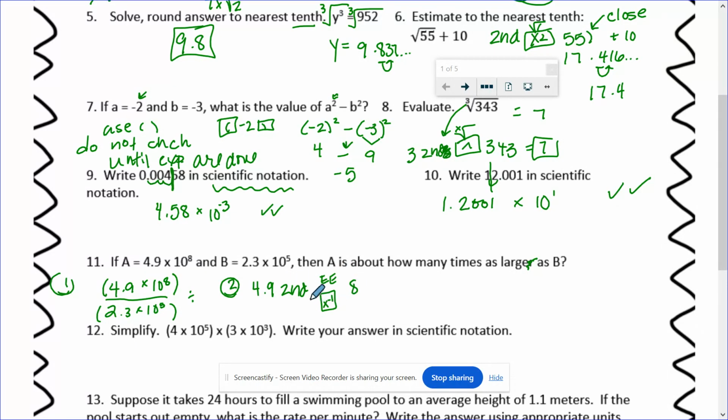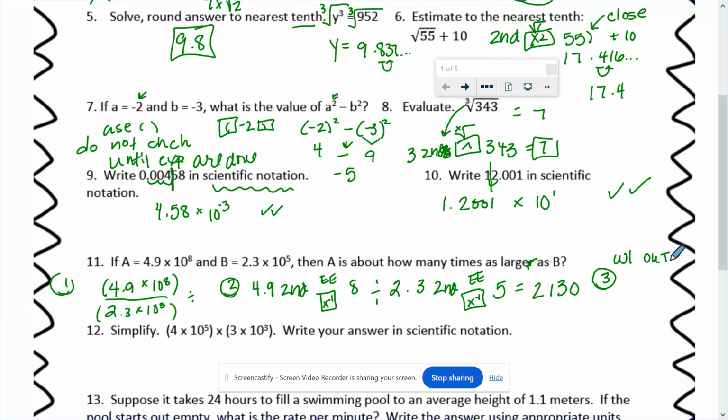Notice that I did not press times 10 at all. Then divided by 2.3, second function, the EE button again, which is above the X to the -1, enter the exponent, which is a 5. So the answer is actually 2,130.